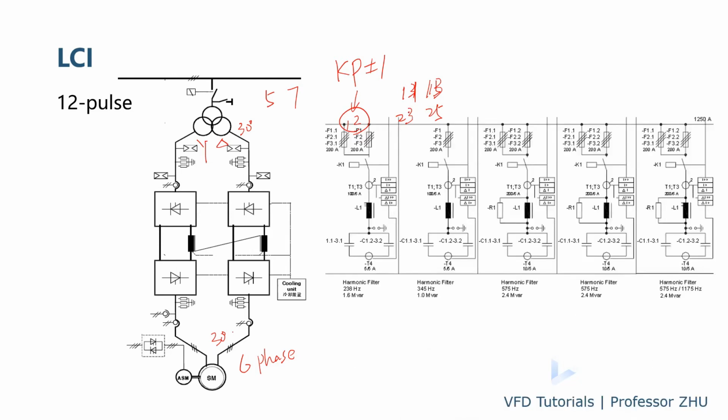So in a lot of cases, 12 pulse still cannot meet the IEEE standard or other standards. So you will have to add an extra power filter and also power factor correction, because the power factor is very low at low load conditions.